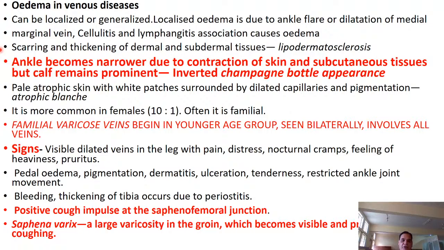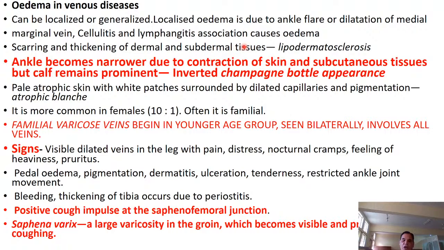Why does the edema occur? This is due to localized or generalized edema at the ankle flare. All the varicosities start from the ankle. The long saphenous from the medial ankle or medial side and the short saphenous from the lateral side. Because of long-standing stasis, there occurs cellulitis and lymphangitis, and this is the cause of edema.